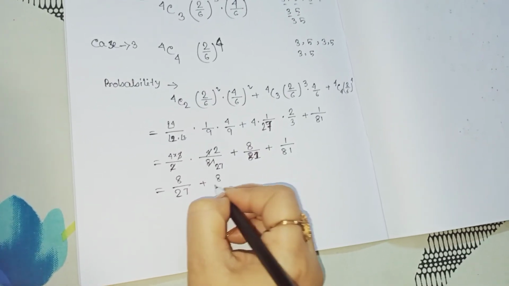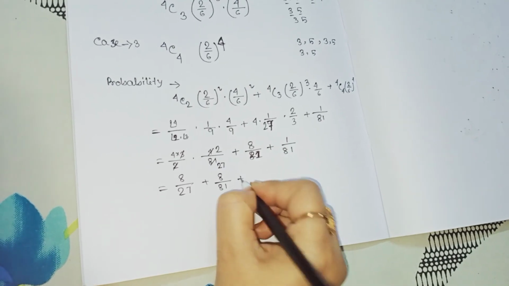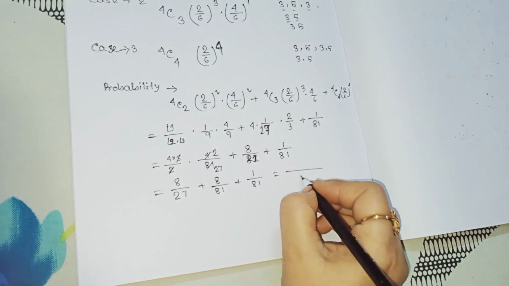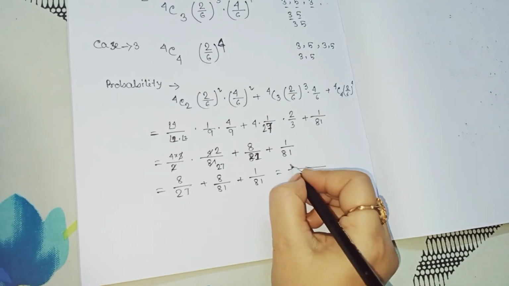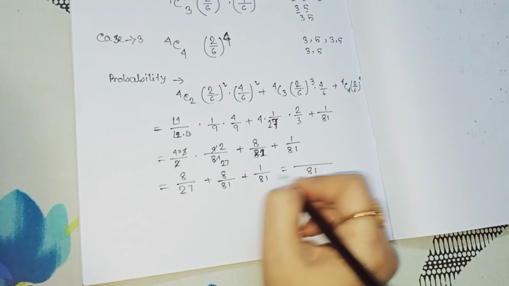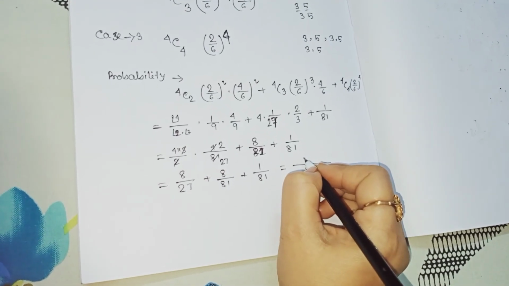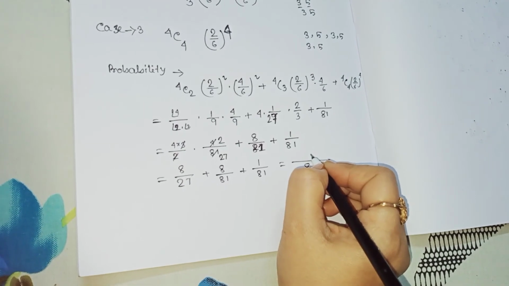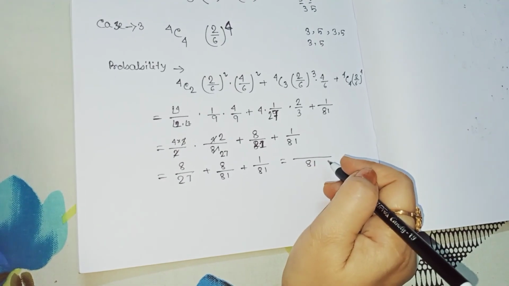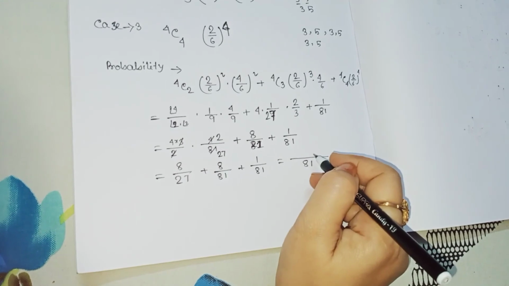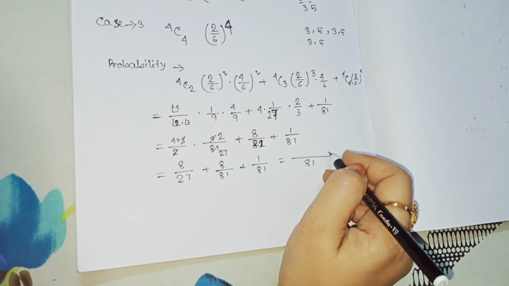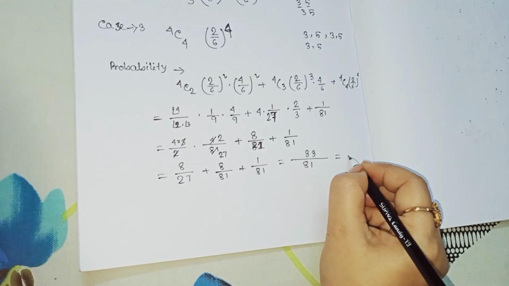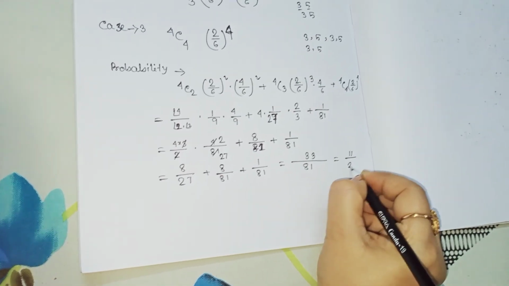Plus the next term 8 by 81, plus 1 by 81. A lot of calculations. So the HCF is 81, and it becomes 24 plus 8 plus 1, so it is 33 by 81. So here we get 11 by 27.